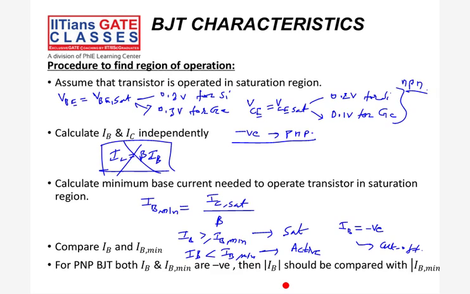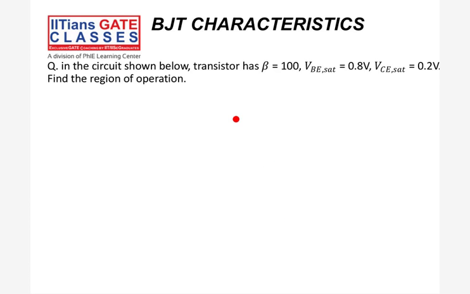What is the comparison? The magnitude of IB must be greater than or equal to the magnitude of IB minimum, and then our transistor is in saturation.